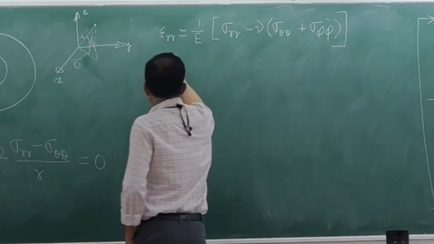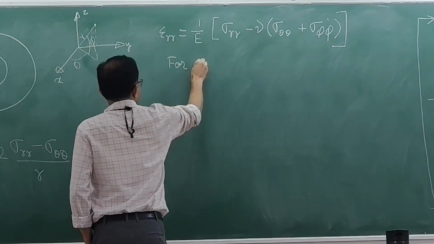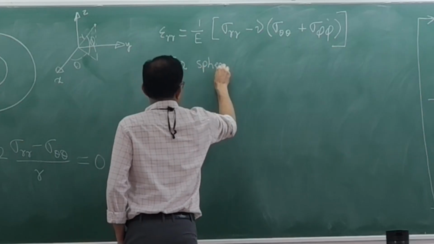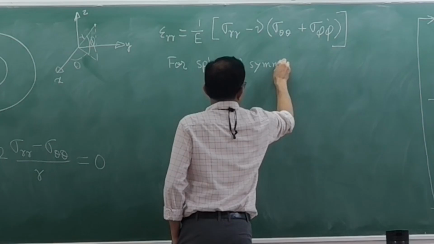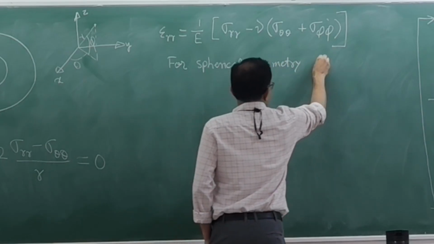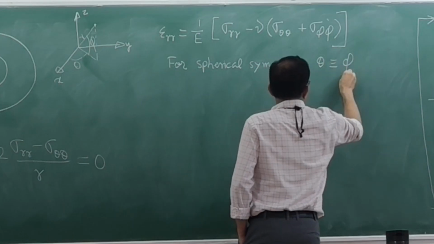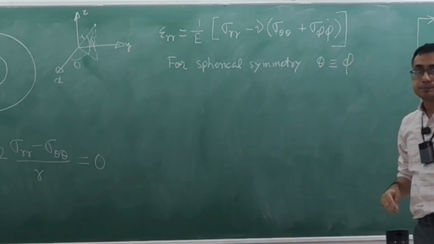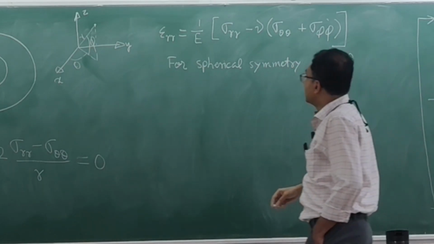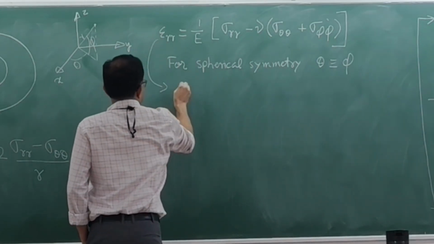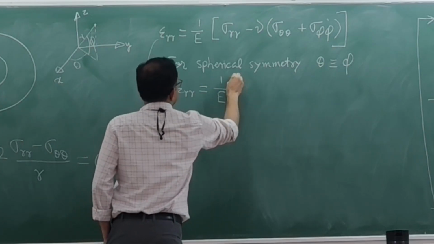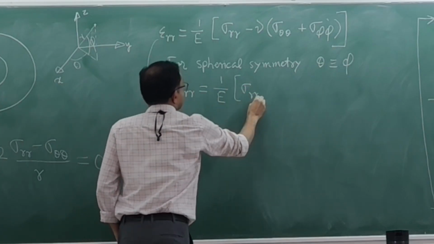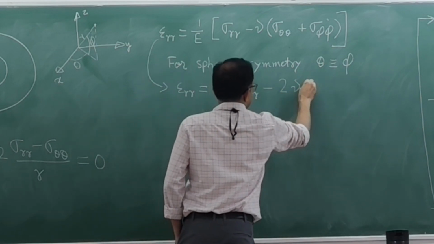Okay, so for spherical symmetry, theta is equivalent to phi, which means that epsilon RR is going to be equal to 1 by E sigma RR minus twice nu sigma theta theta.